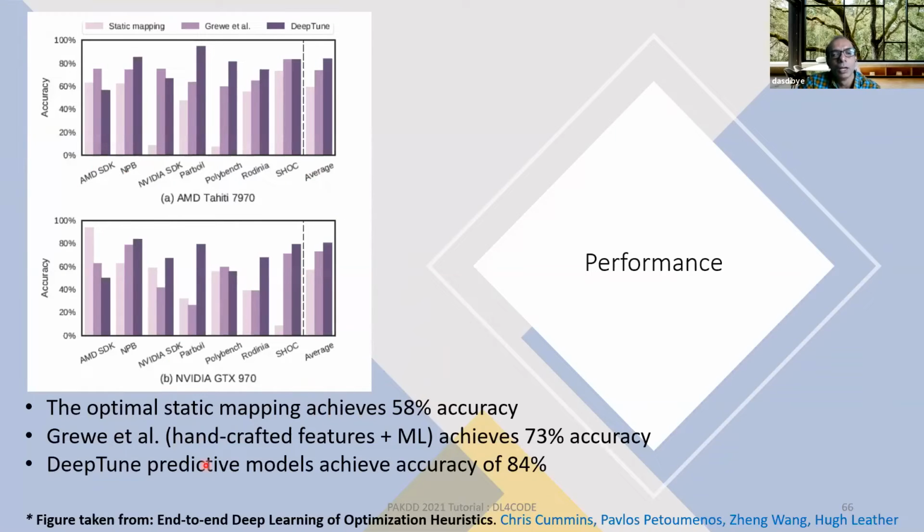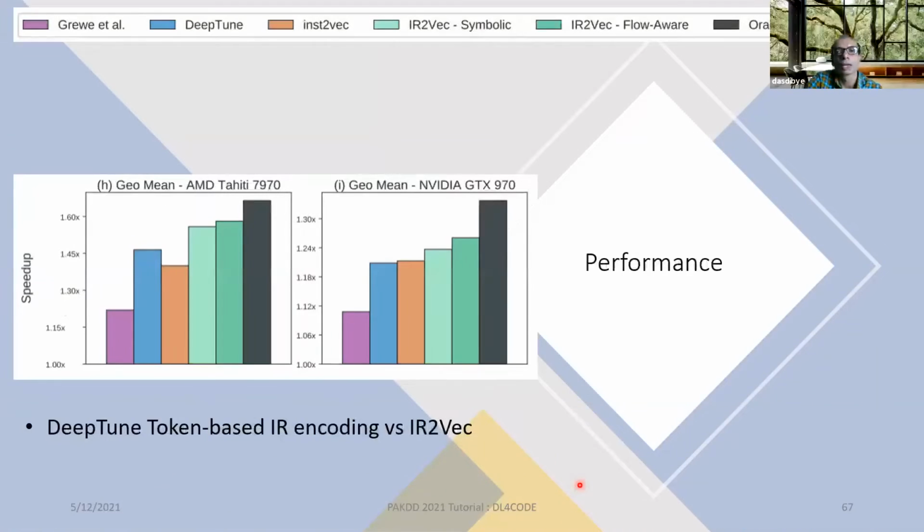Grewe et al. is an earlier work which uses feature engineering. They had handcrafted features and a decision tree model that achieves about 73%. But DeepTune was able to use a predictive model using LSTM and lexical token encoding, and achieves an accuracy of about 84%, which is pretty impressive.